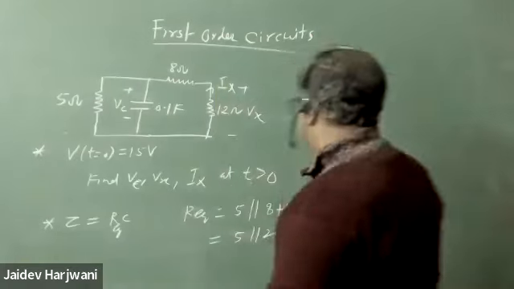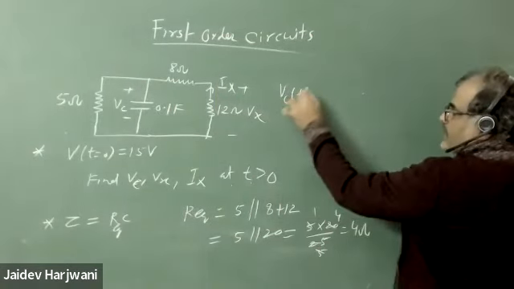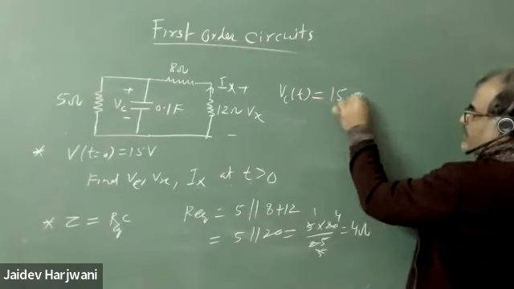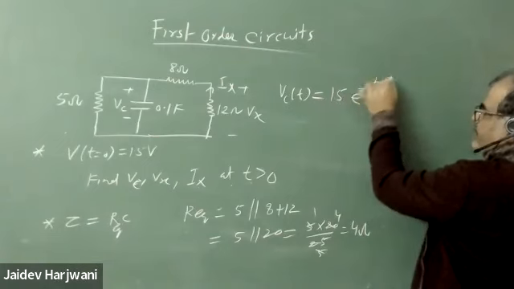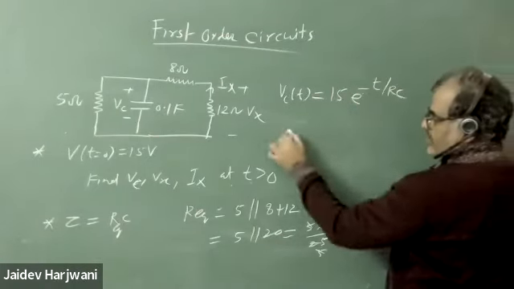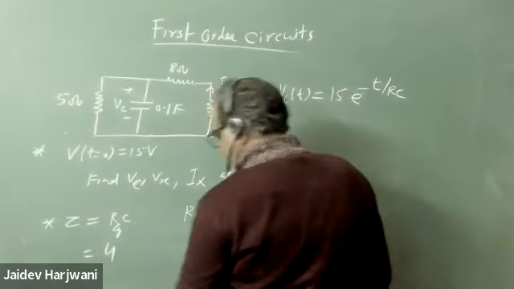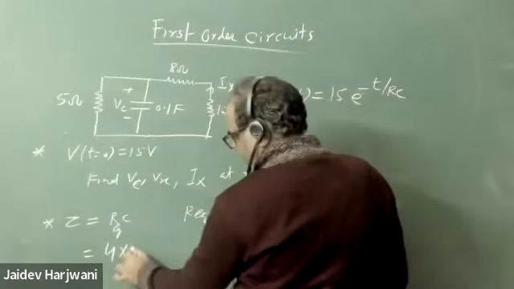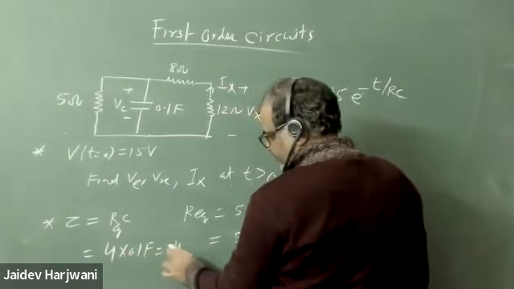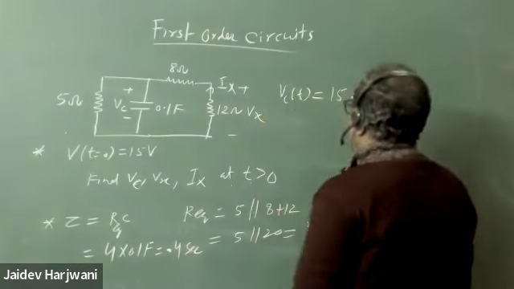So I can easily calculate what is VC at a later time t. V naught I already know, 15, then e power minus t upon RC. RC is tau. R equivalent is 4 and C is 0.1 farad, so tau becomes 0.4 second.